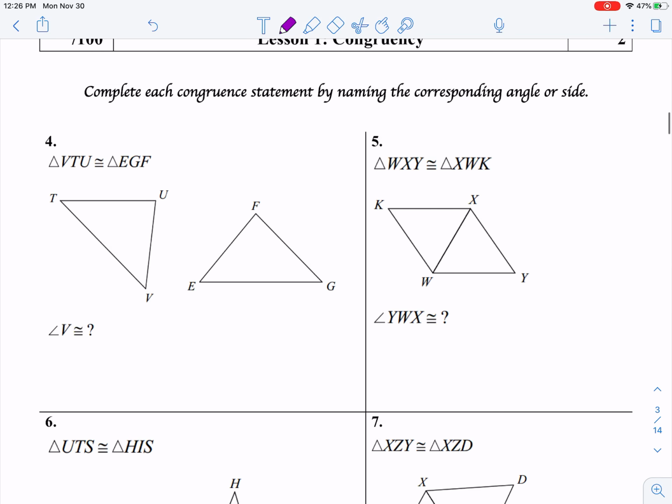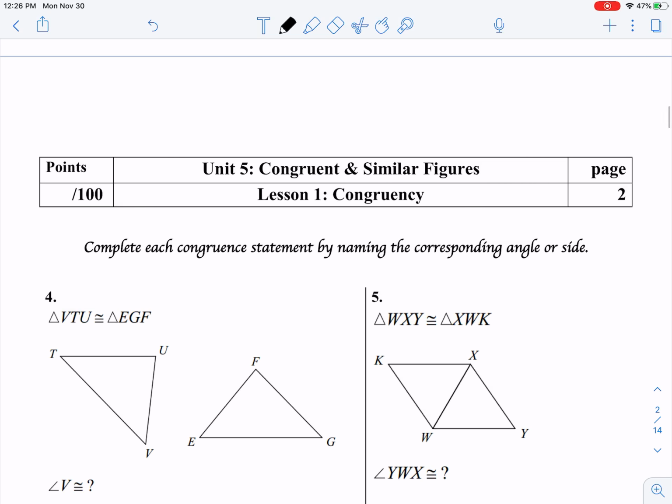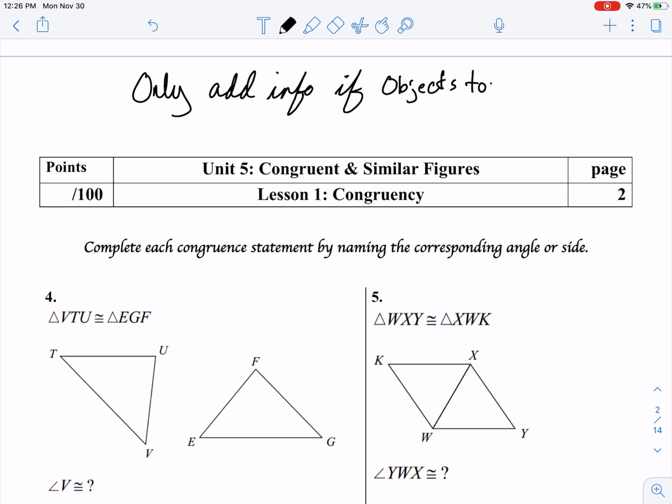Now, what I said was you can only assume information under a couple circumstances. Okay? The circumstance is, okay, so you only add info if the objects touch.